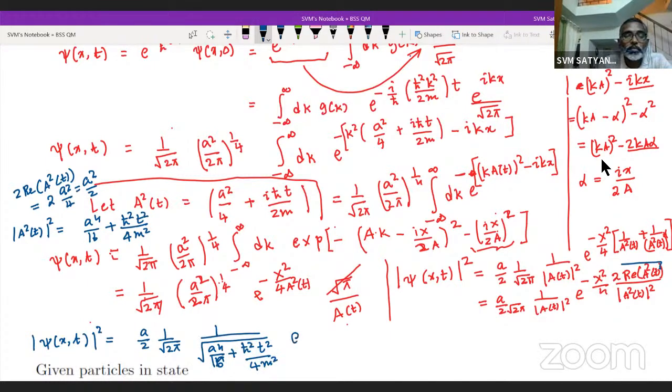Okay, and exponential of minus x square a square by 2 is there in that, already there is a 4, so 8 into a to the power 4 by 16 plus h bar square t square by 4m square.